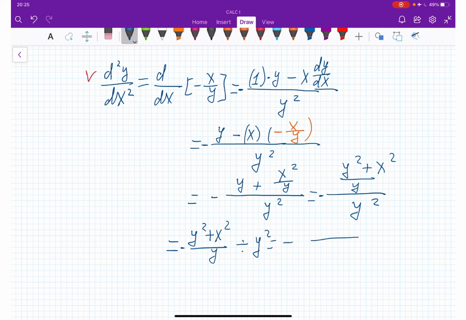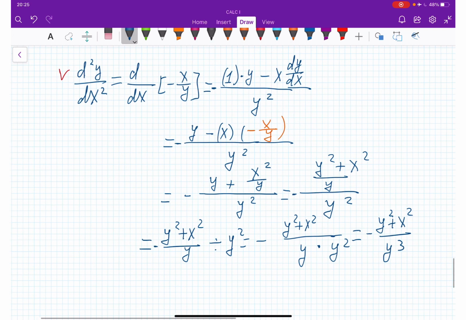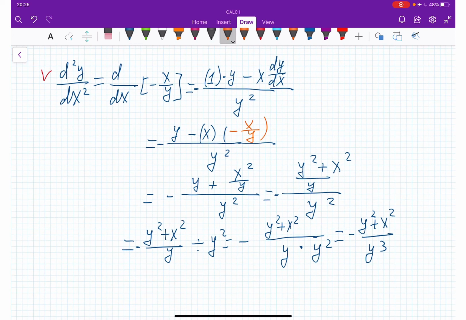That's going to be equal y squared plus x squared, and I'm flipping. Instead, y squared comes to the denominator, right? And the result is going to be negative y squared plus x squared over y cubed. And this is going to be our second derivative, the answer for second derivative.